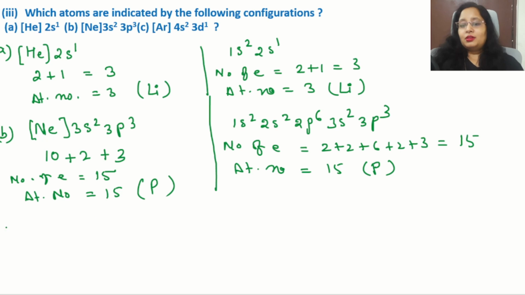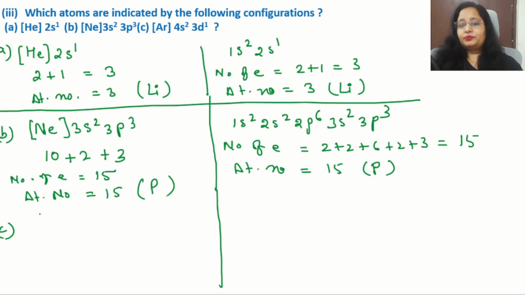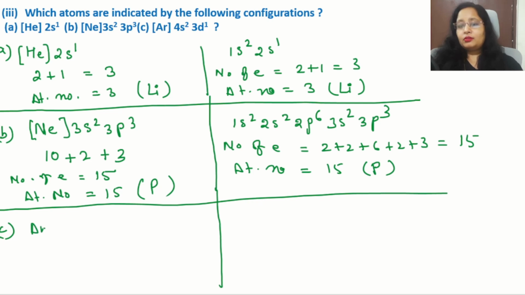Now come up to the C part. Same, we have two ways to solve this problem. I am telling both the ways, so it will be easy for you to learn. Now the next part is argon, 4s2 and 3d1.